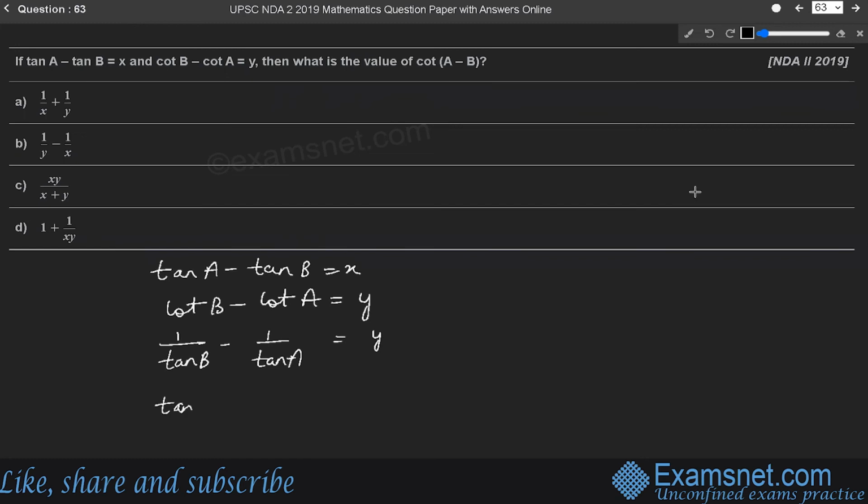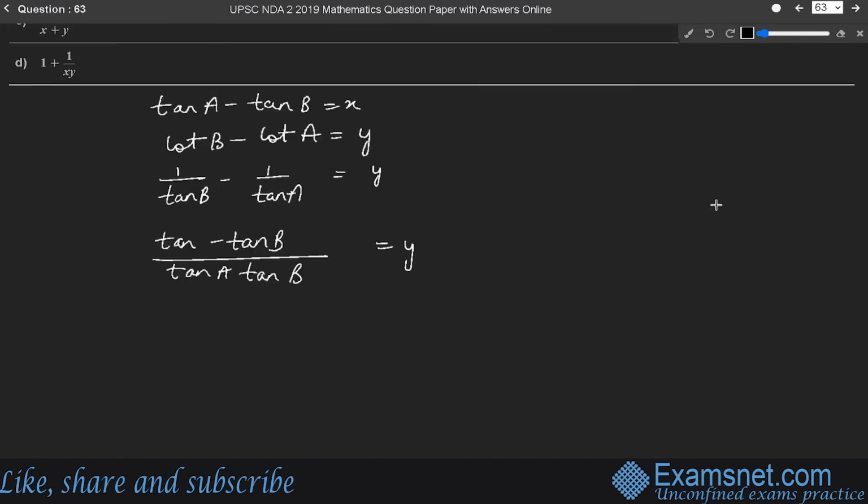So (tan A minus tan B) divided by (tan A into tan B) is equal to y, or we can write it as x upon tan A into tan B is equal to y, because the value is given, which is tan A minus tan B is equal to x. It can also be written as tan A into tan B is equal to x upon y.